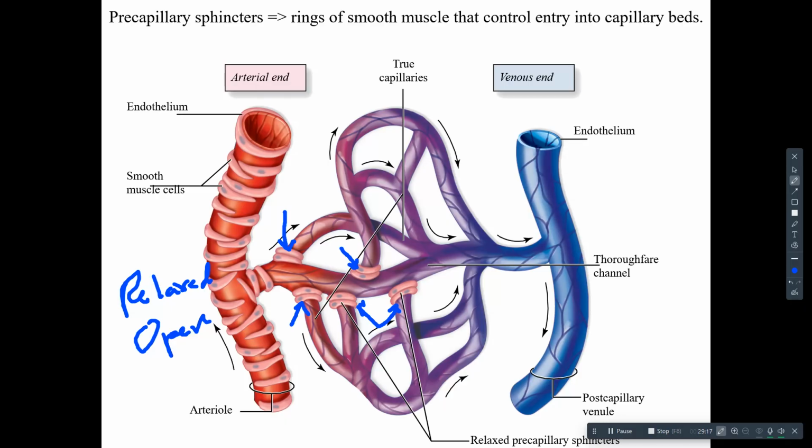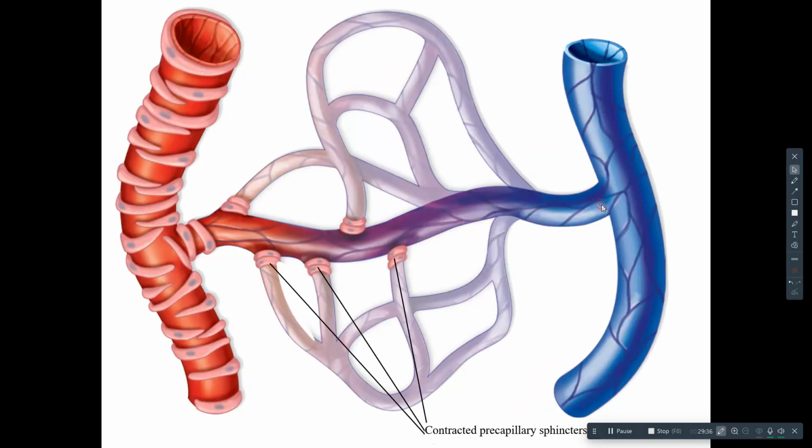Now, I don't always want all capillaries to be flush with blood because I only have so much blood. I can't have it go everywhere all the time. So one of the things I can do in tissues that are not currently that needy is shut those precapillary sphincters. In this pic, the precapillary sphincters, which again I see 5 of them, 1, 2, 3, 4, 5, the muscle in them is contracted.